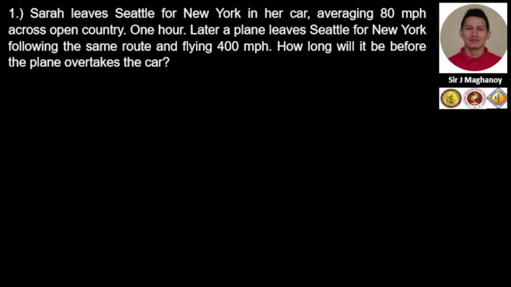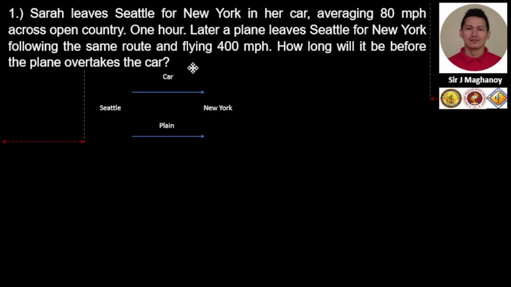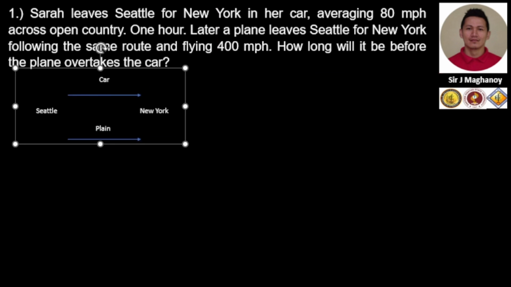Okay, so let's first visualize the movement of the moving objects, the car and the plane. Once we visualize it, we need to consider the data or the parameters in it. Sarah uses her car and the plane moves 1 hour later.